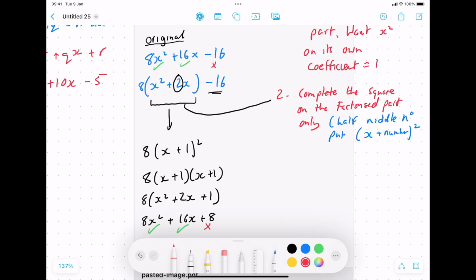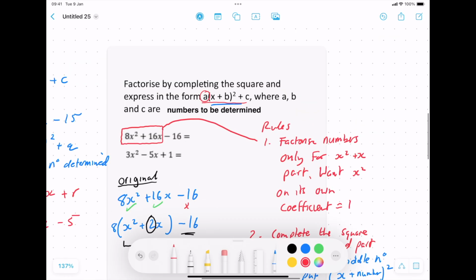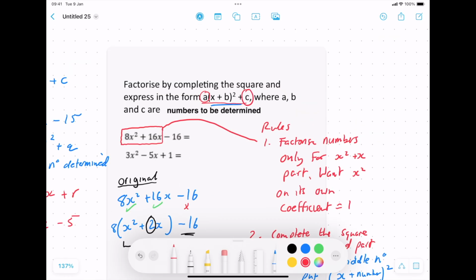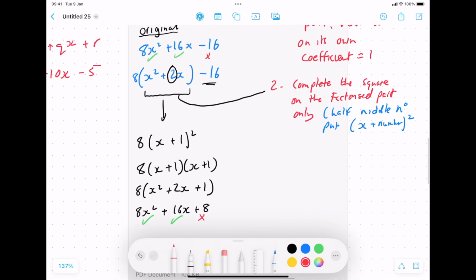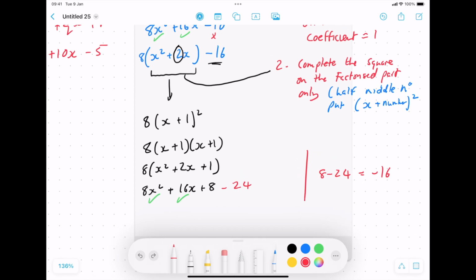And this number that we're going to introduce to make it the same as the minus 16 is this bit here. That's the c number. What number do I need to put in to go from positive 8 to minus 16? Well, the answer is I have to take away 24. Now that I've worked out what number I need to add in at the end, I can present my final answer.